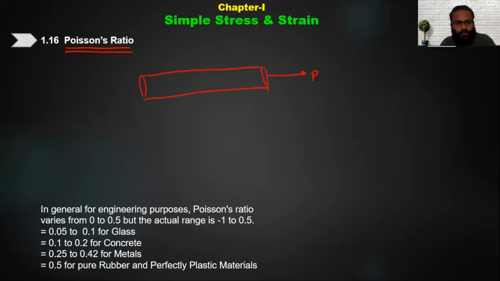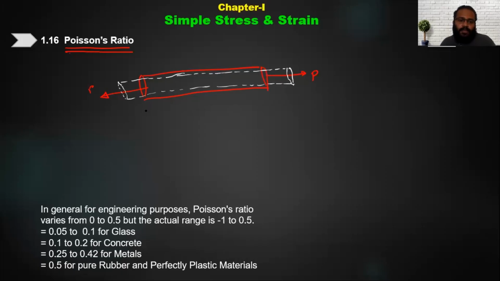Because of applying the load, its elongation happened, but after elongation you will observe that its cross section has also reduced. You will observe that it has increased in length, but it has shown a reduction in the cross section. This is most common.